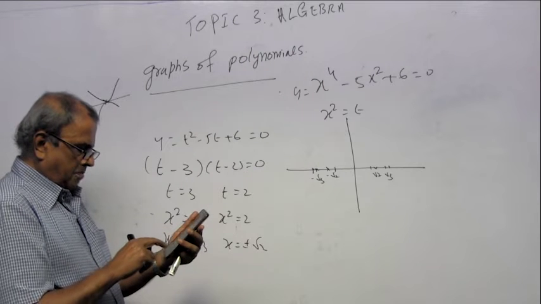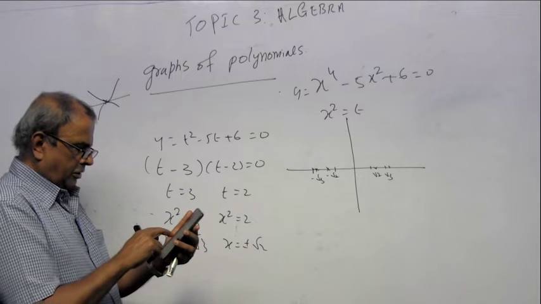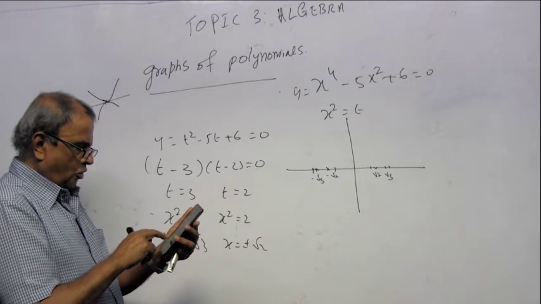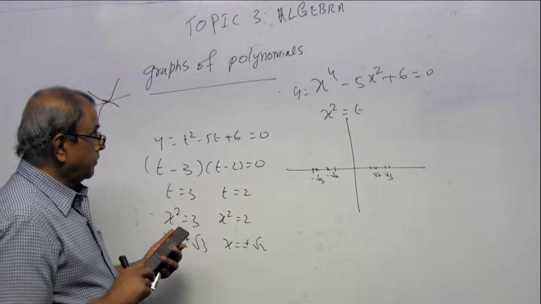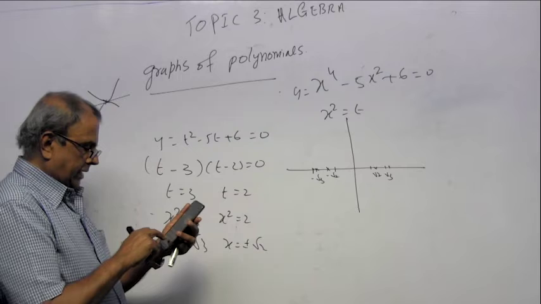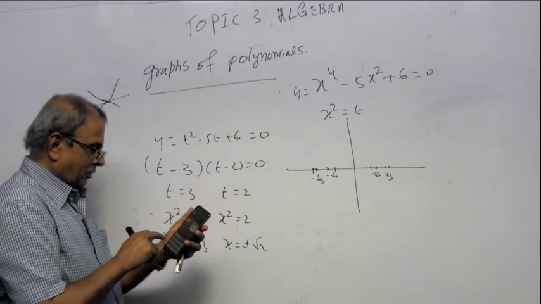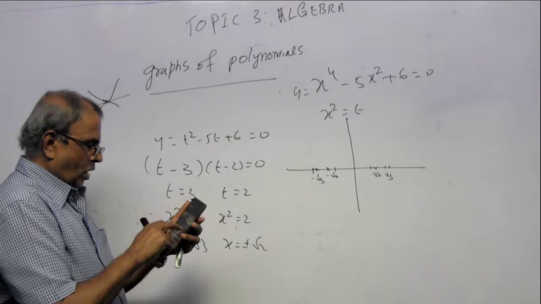Bracket minus 1.5 close bracket power 4 minus 5 bracket minus 1.5 squared. I can just put it as 1.5 squared.